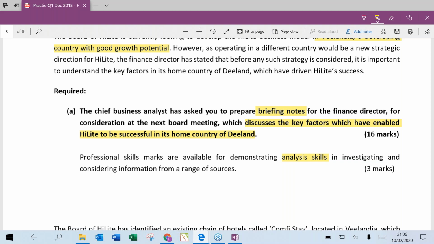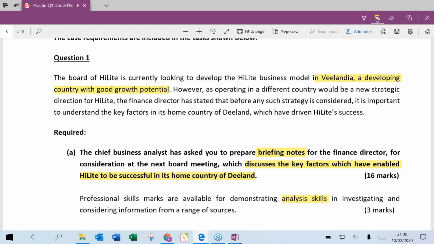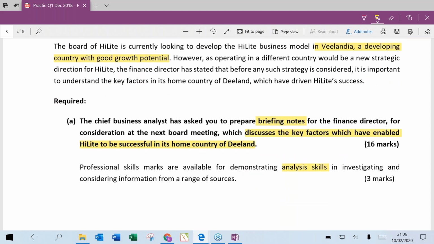Just try to use information from the case study, look at the root cause. What are the root causes of their success, both internal and external? Automatically you will be done with this. So 1A talks about success factors.